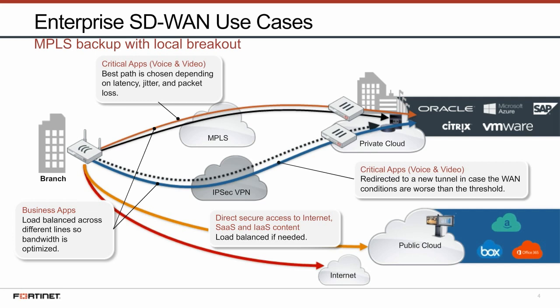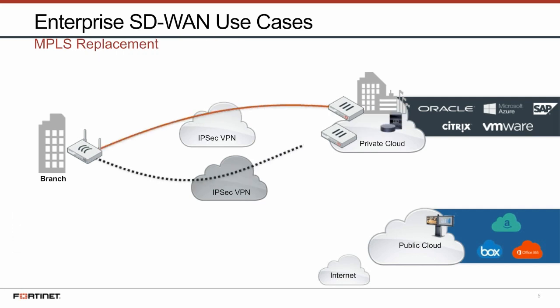In case the current path degrades below policy threshold, business-critical traffic will be rerouted to a new tunnel. Also, non-critical traffic is load balanced across different lines to maximize bandwidth or minimize cost. At the same time, the branch can have direct secure access to the internet, which improves the cloud application performance, and can load balance SaaS and IaaS content if needed.